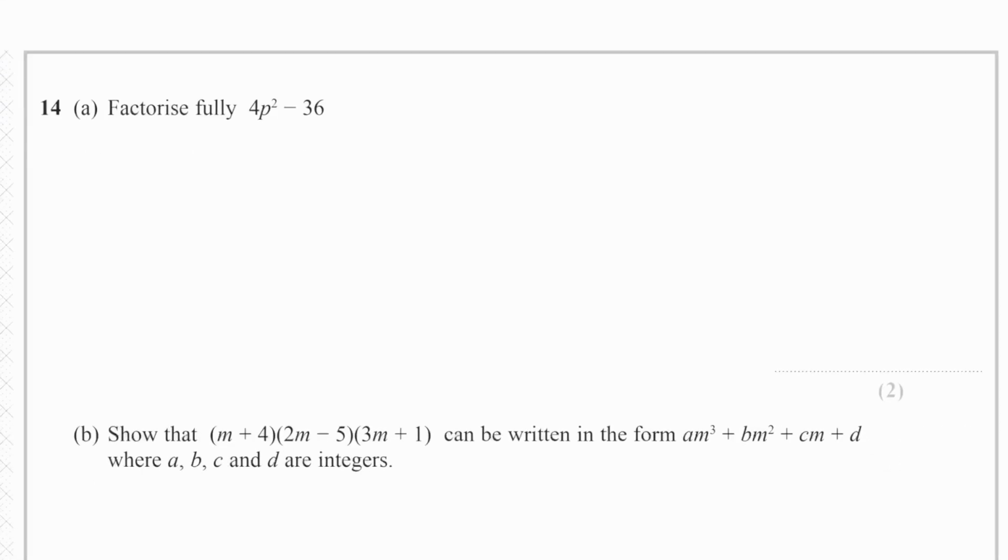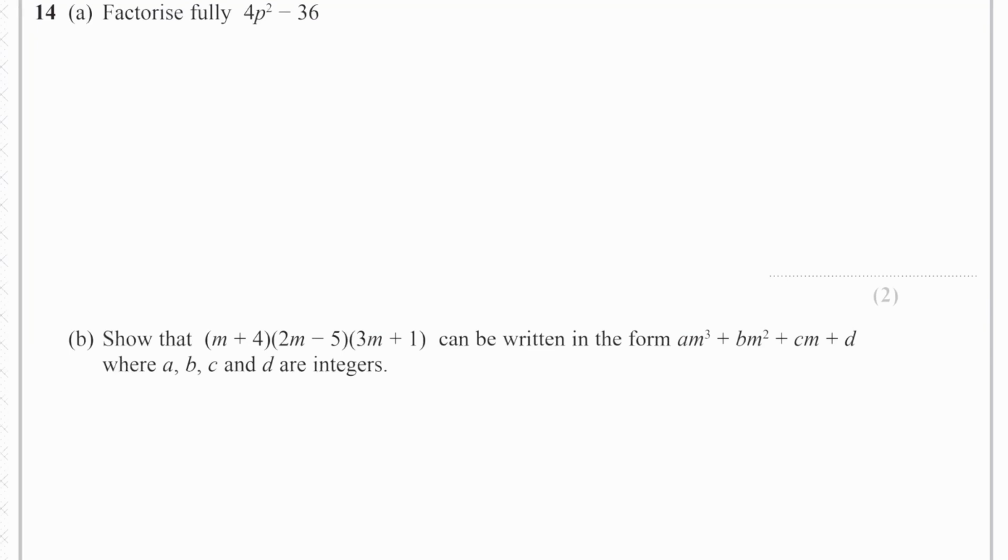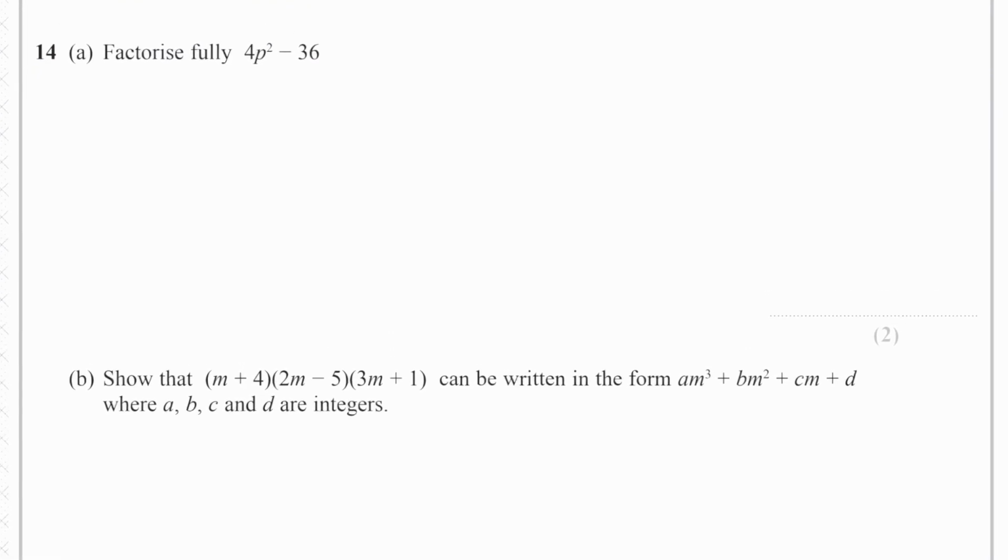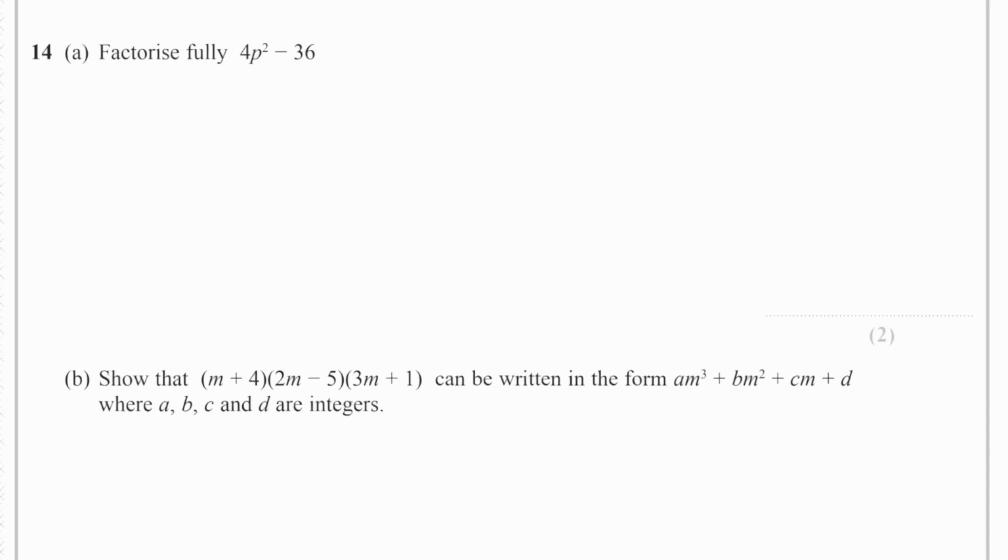Okay, next. 14, factorize fully 4p squared minus 36. So this question, you do need to spot that this is the difference of two squares. Okay, and so therefore it's just going to follow the standard formula. But what you should also notice is you can simplify this by taking a factor of 4 out from both the 4p squared and the minus 36.